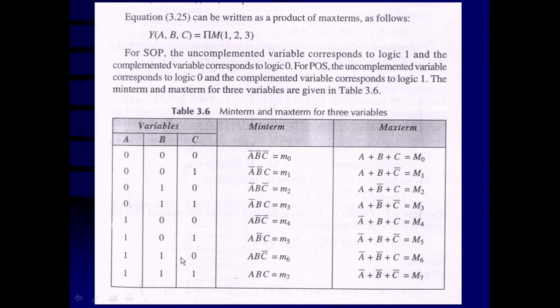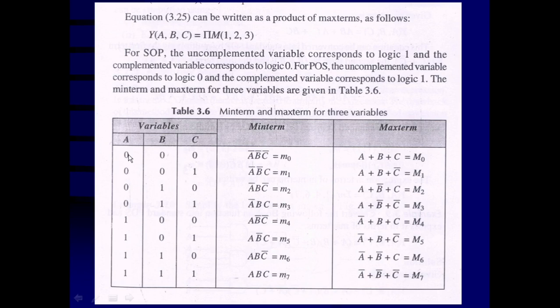A, b, c bar is going to be m6 and a, b, c is nothing but m7. So this way the min terms corresponding to the different combinations are represented. Similarly for the max terms, 0 corresponds to uncomplemented variables and 1 corresponds to complemented variables.